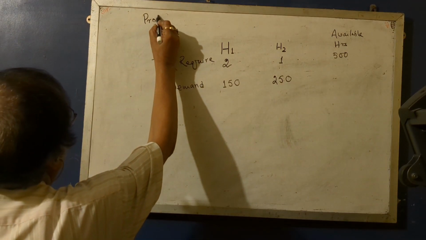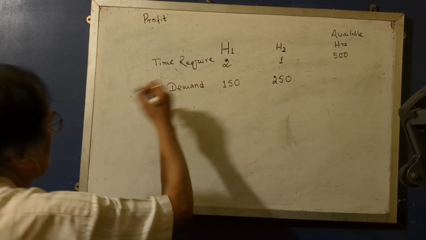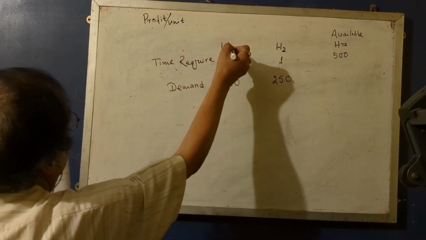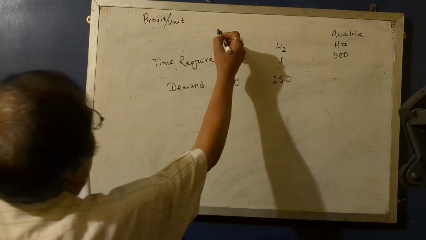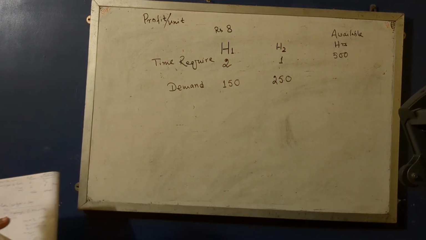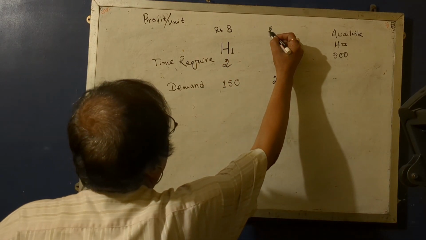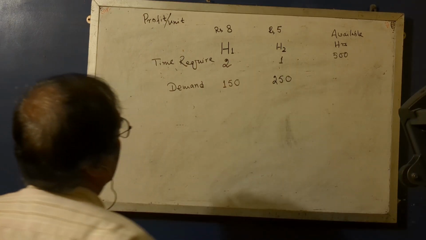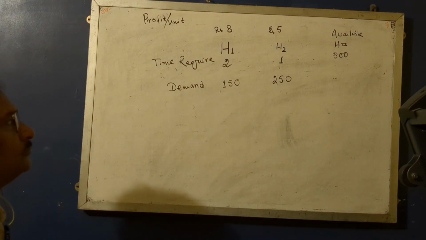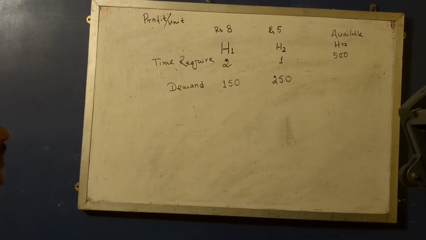Okay. Now, profit is given. If you sell the hat in the market, the profit per unit for this type of hat is rupees 8. And for this type of hat, the profit per unit is rupees 5. This is the production planning problem. Okay. Now, how will we follow it?